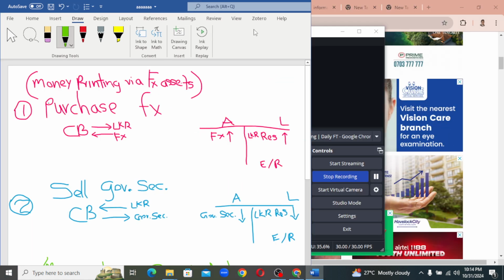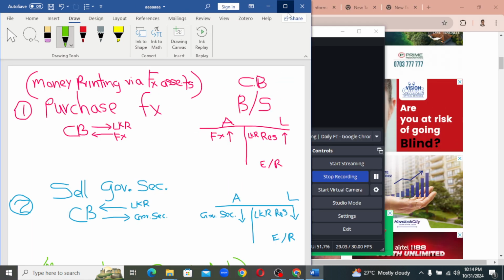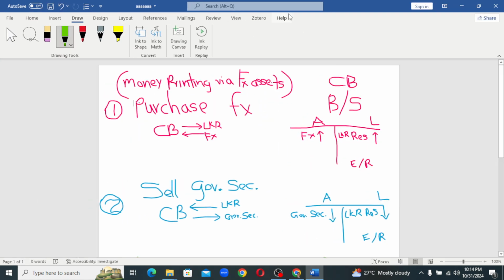In general terms, we can say that the central bank has purchased USD, and this is to eliminate further depreciation of USD that will affect Sri Lankan exporters negatively.